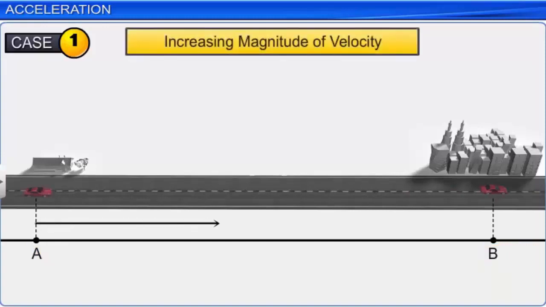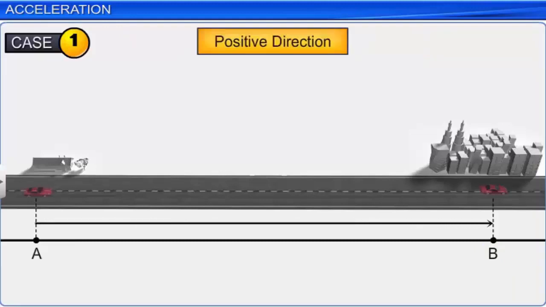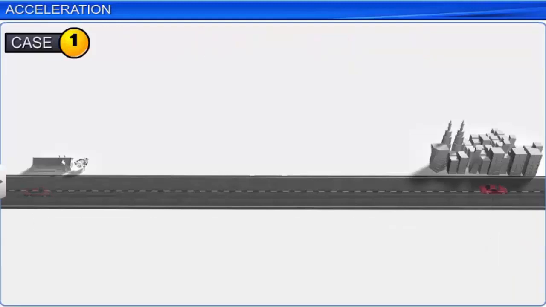Here, delta V is positive and direction of motion is positive. Therefore, with these two values being positive, acceleration is also positive. Case 2.